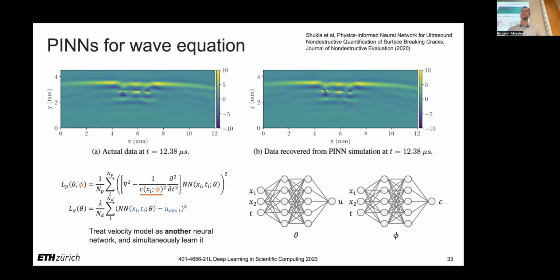When you are training the upper loss, if you fix the data, now you have a perfect fit, but probably, because the neural network is wrong in the sense of PDE loss, you will also get a wrong C. Exactly. So you have two wrong things, but when you combine them, then it's correct.